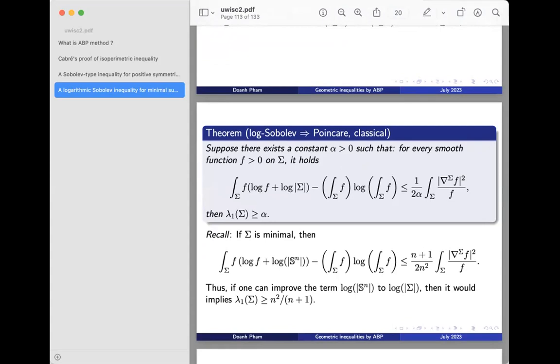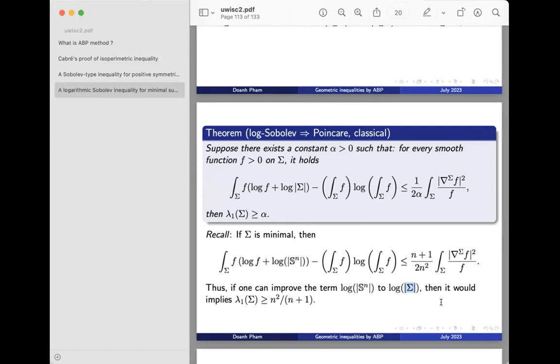Yeah, that is an excellent question. I personally think that if you follow this ABP proof, then some significant new idea has to be made, because why S^n? What is the difference between S^n and sigma?